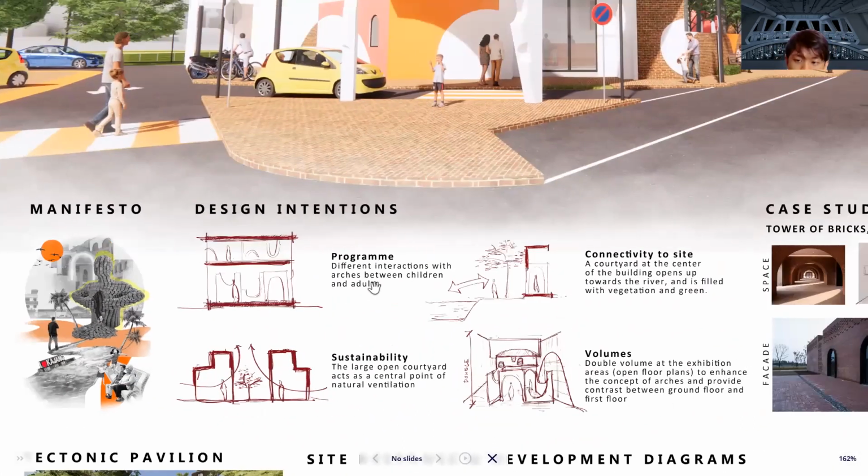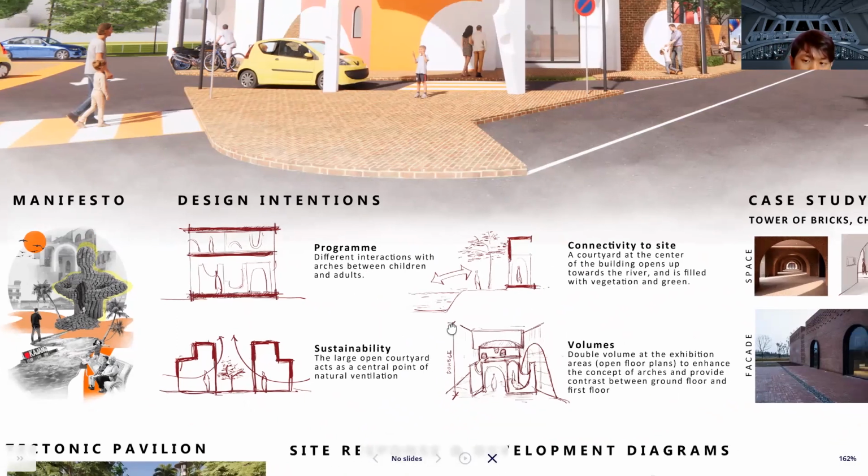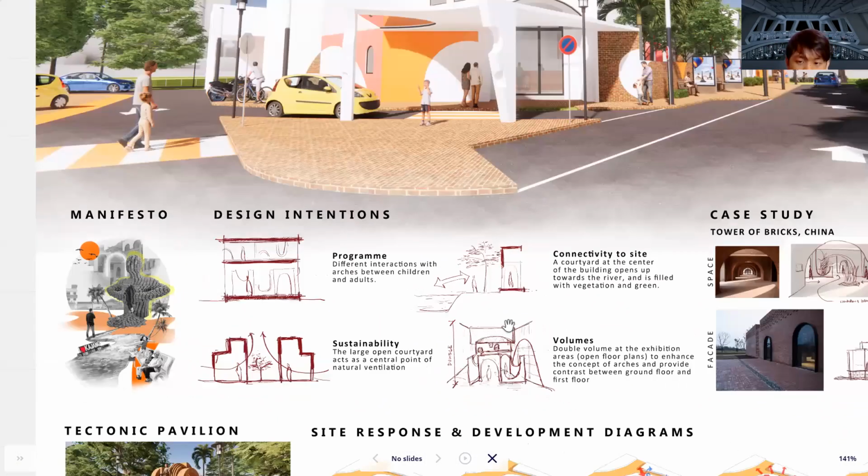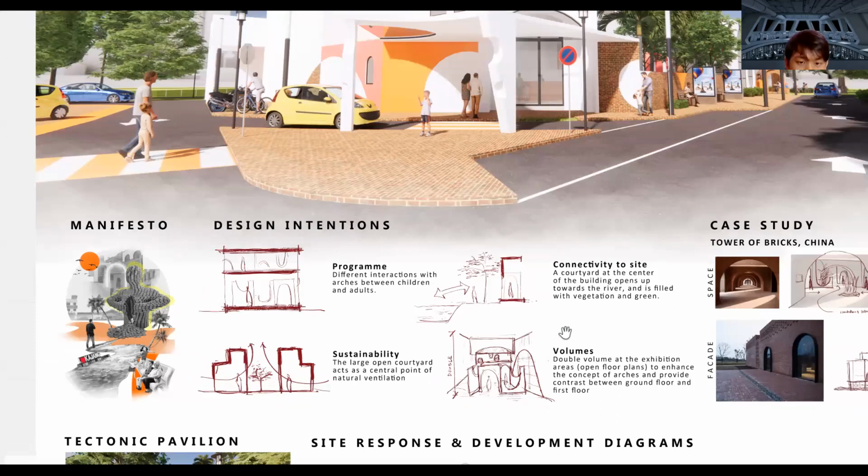My art gallery focuses on four main design intentions, which include the program, sustainability, connectivity, and also volumes. For the program, it shows different interactions with arches between children and adults.